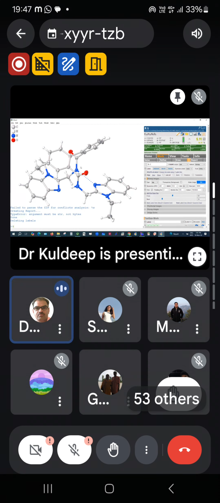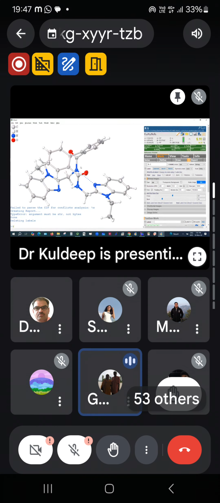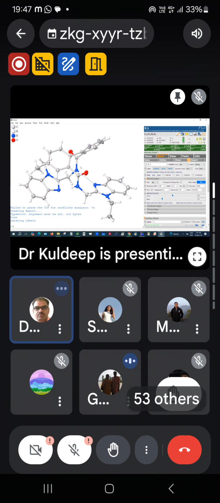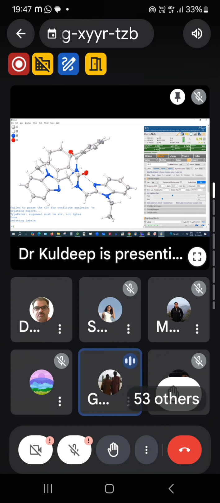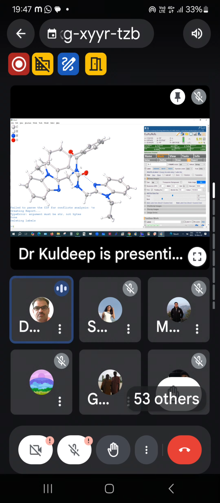Suppose there are 20 non-hydrogen atoms, and when you run the solve, it gives only 10 atoms. I am coming to that also. Actually, the second example is dealing with this query.